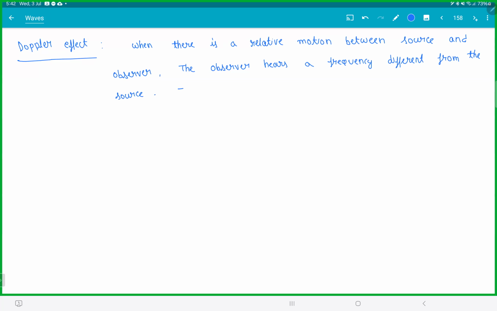This phenomenon is called Doppler effect. Now, let's take some cases. Case 1, let's say observer is at rest, and the source is moving.